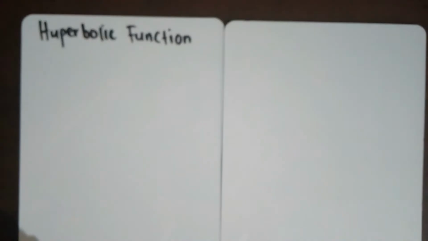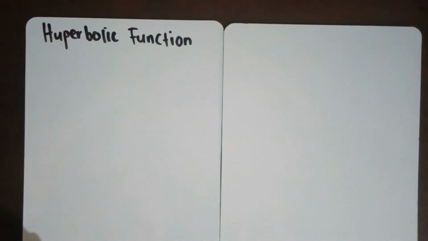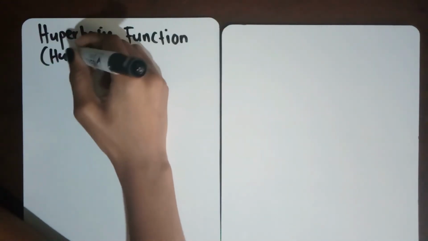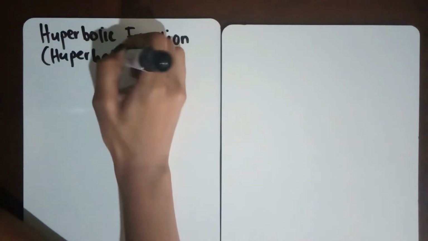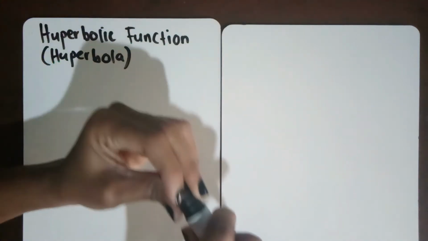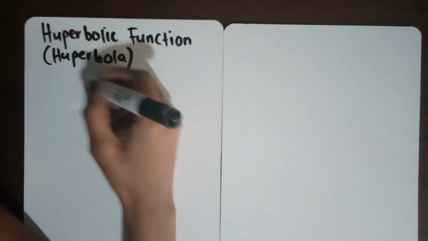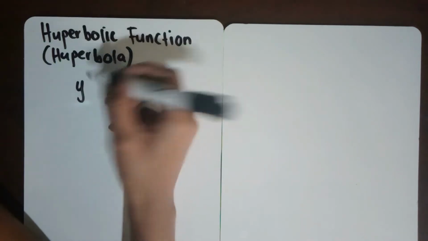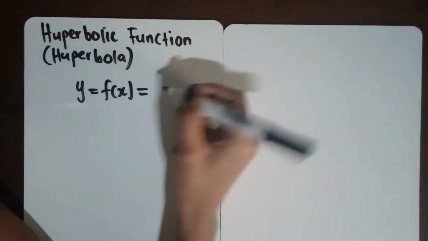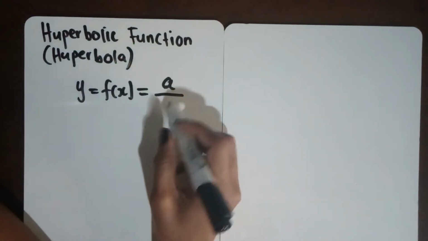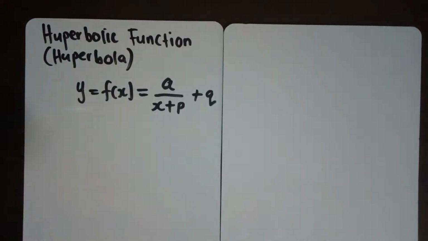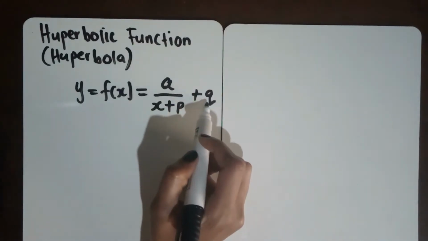The second function we can talk about is the hyperbolic function, or sometimes called the hyperbola. As we discussed in the last lesson on the quadratic function, the general formula for the hyperbolic function is y, which is f(x), equals a over (x plus p) plus q, and these are just constants.